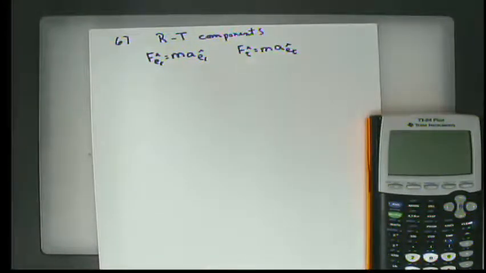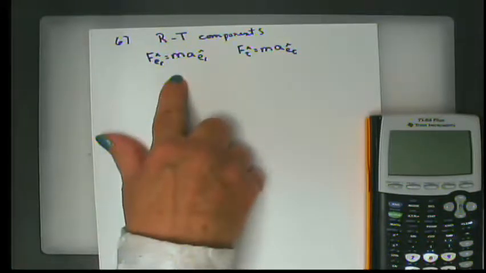So the first thing that we need to do is to get our equations for the acceleration in both of those two directions. You can draw this, I guess, but I'm not really sure that we're going to have to do that.